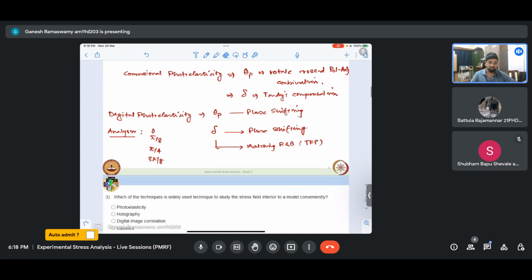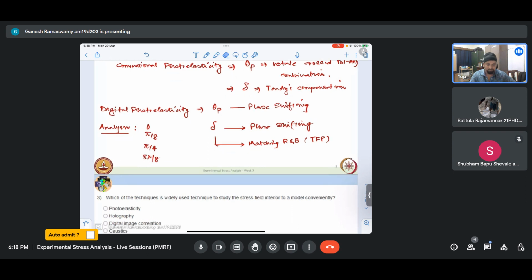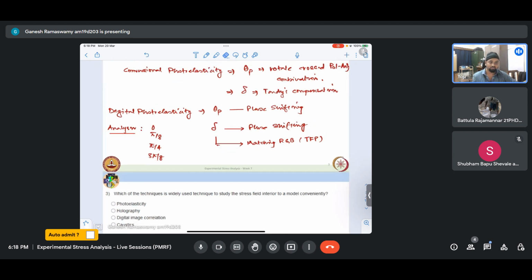Yeah, so what I was saying was, Mr. Rajamanna, now we have our analyzer and polarizer combination crossed in the case of a circular polariscope. So our polarizer angle will be whatever the analyzer is plus 90, so this will be pi by 2 and so on.